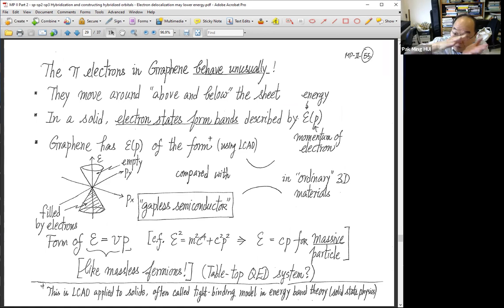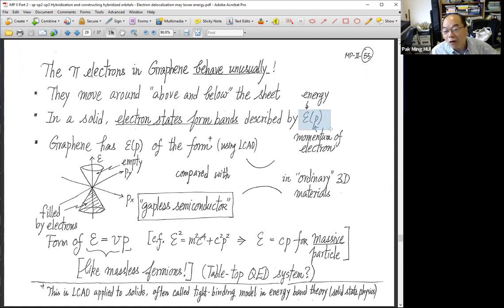But the behavior of these pz electrons above and below this two-dimensional plane is very peculiar, very strange. But you know, physicists find it happily strange. The behavior of this layer of electrons has a certain energy-momentum dependence. Just like a free electron is p squared over 2m, right?